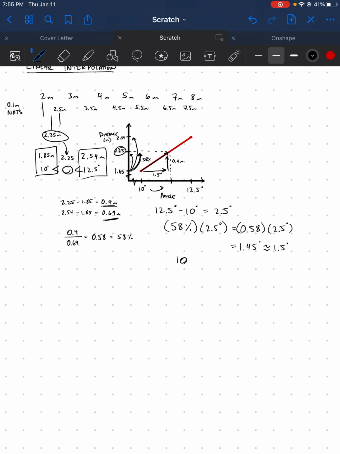What is 10 degrees plus 1.5? That gives you 11.5 degrees. These numbers are grabbed from thin air, but if you had to guess, this would be a good starting point for 2.25 meters.